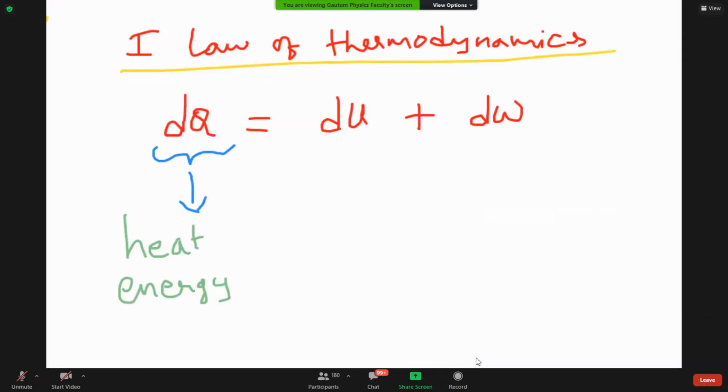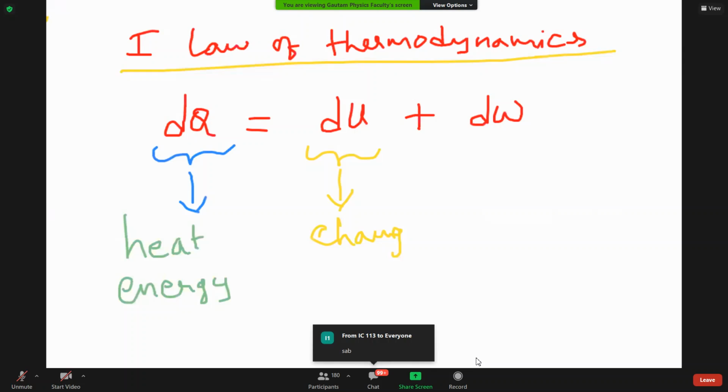dQ is heat energy supplied, dU is change in internal energy, and dW is external work done.